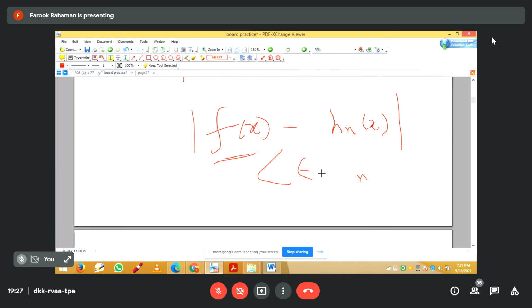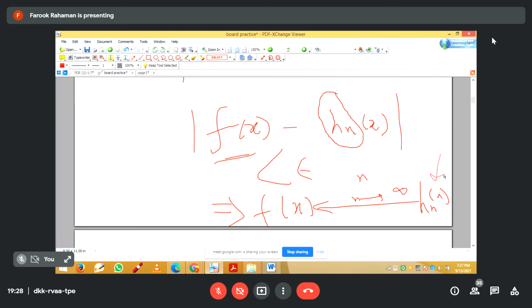So we can always find a polynomial function where the difference is very small. In other words, we can treat this function f as converging to this function as n tends to infinity. That means we can always get a polynomial function equivalent to a continuous function. That means your solution is a polynomial function, a series solution, okay? That series solution should converge to some specific function, say a specific function h.